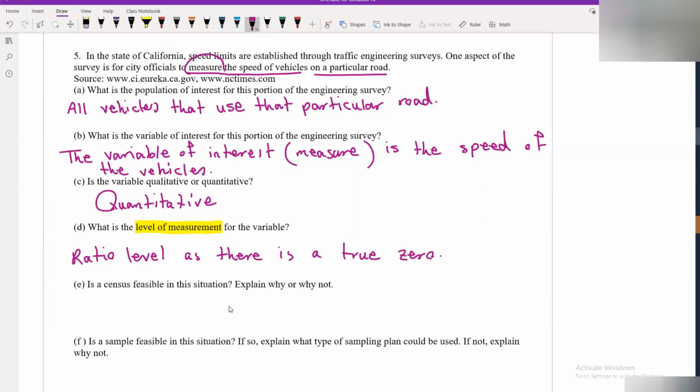We're not able to say how many vehicles are using that particular road, for example, daily. So this one is impossible, to count how many vehicles are going to use that road or will use that road in the future.